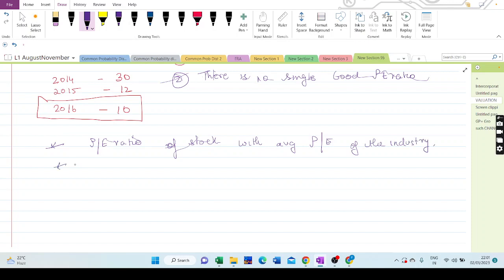You can compare the PE ratio of a stock with its industry peers, or you can compare the PE ratio of a stock with its historical PE. That's what we just did when we discussed the example of Nikon.